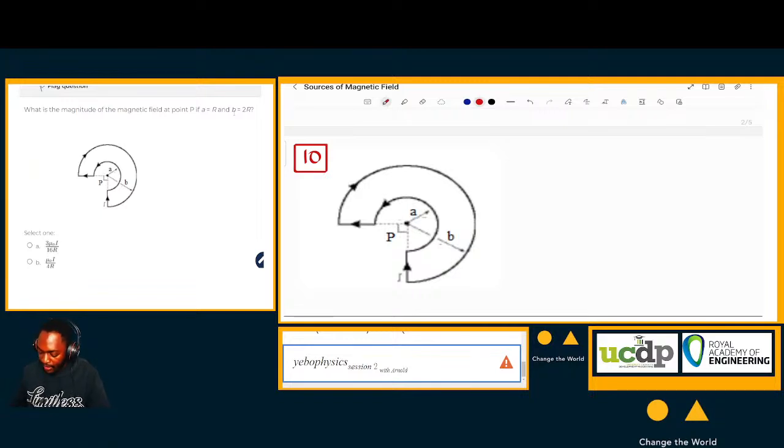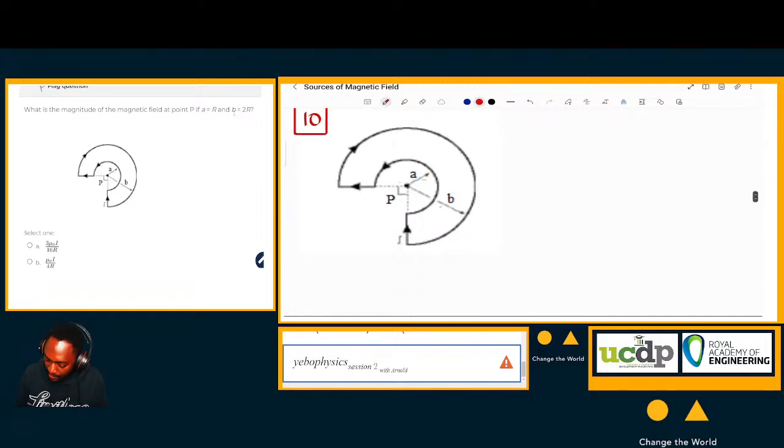But again, we're still using the same equation to solve, because we did determine earlier that to determine our B total, it is B due to A plus B due to B. All right, this is what is going to guide us.